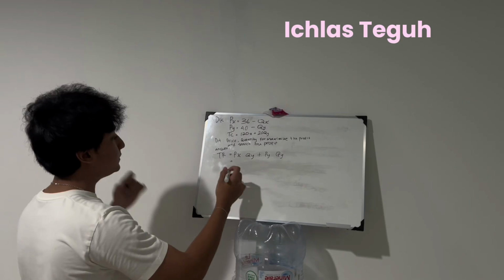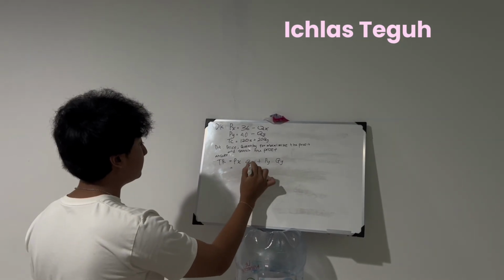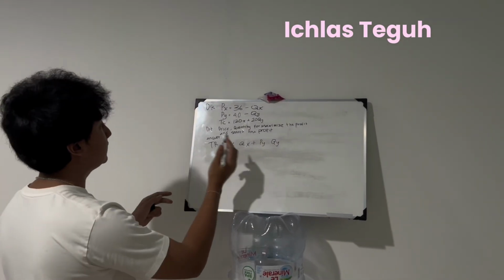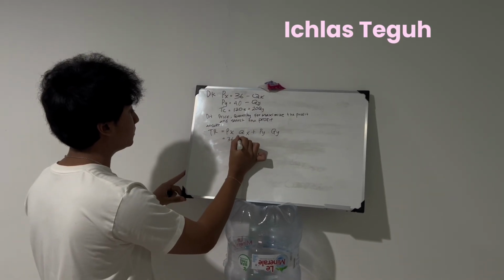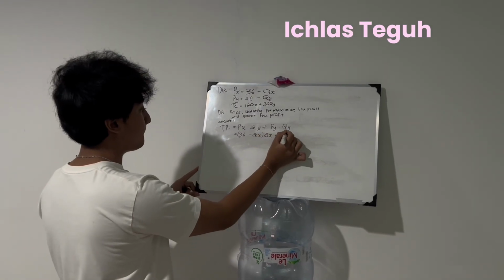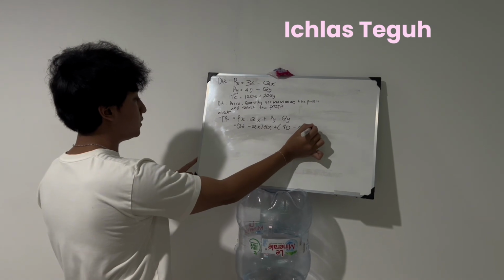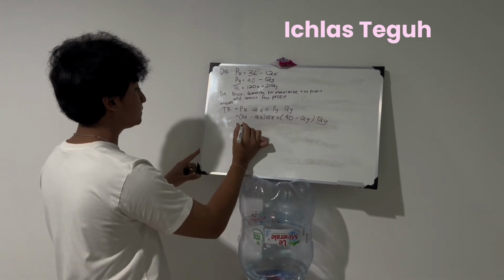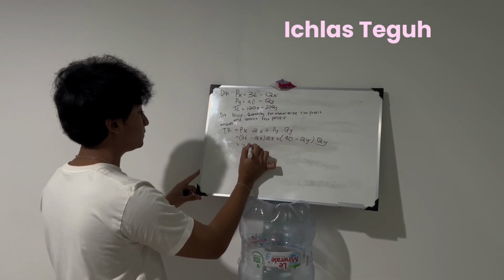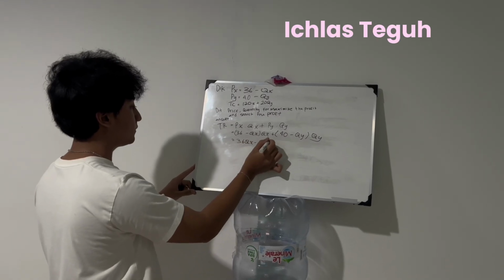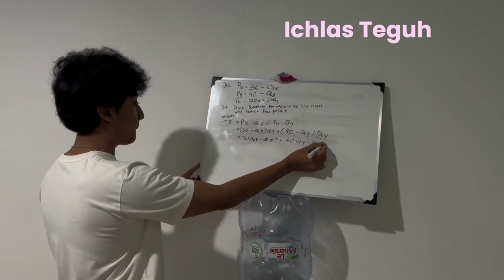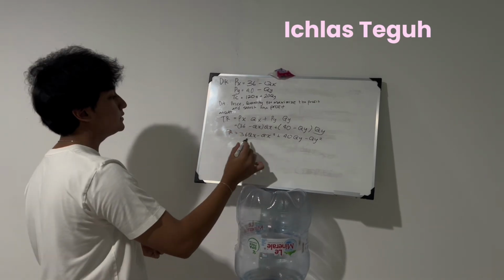The formula for TR is Px multiplied by Qx plus Py multiplied by Qy, and we put Px and Py into the formula. And then this is the TR.